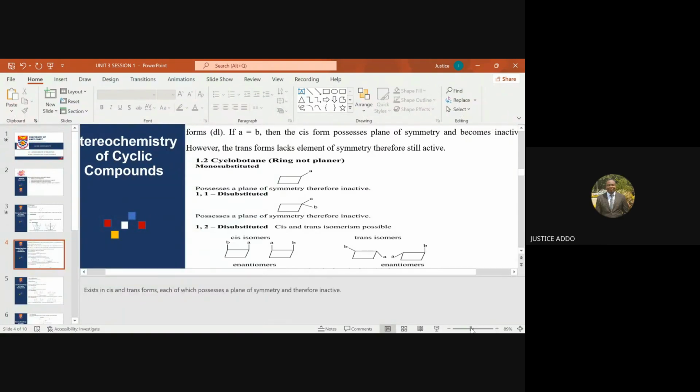That is the 1,2-diethyl cyclopropane. Okay, move to the second one, which is 1-ethyl 2-methyl cyclopropane. There is no line of symmetry, therefore making it active. There is one chiral carbon, therefore giving it two forms. This is what I have for the two.